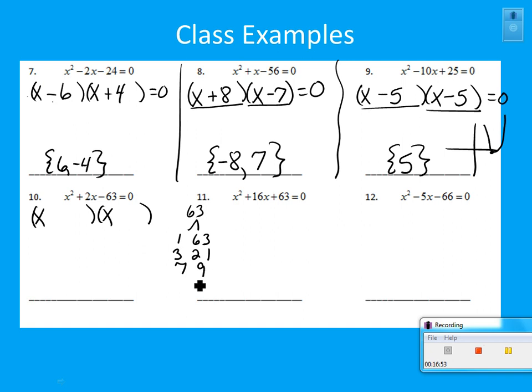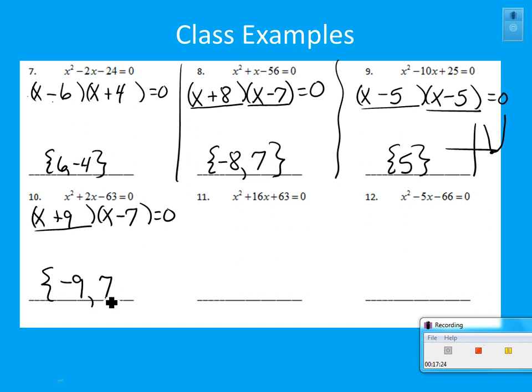The only ones I can make add up to be 2, not that one, not that one. I would need a negative 7 and a positive 9. So I'm going to put a plus 9 and a minus 7 equals 0. And then we'll set each parenthesis equal to 0. We're doing that in our head now. To solve that one, I would have to subtract 9, divide by 1. On this one, I would have to add 7, divide by 1. Boom. There's my two answers.